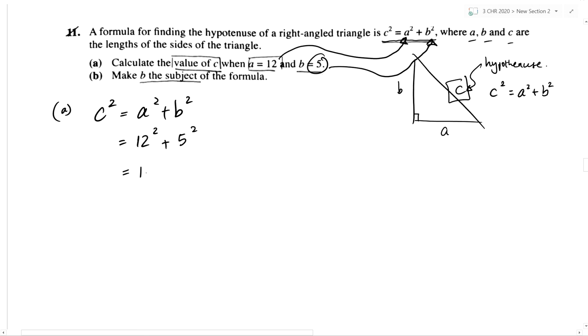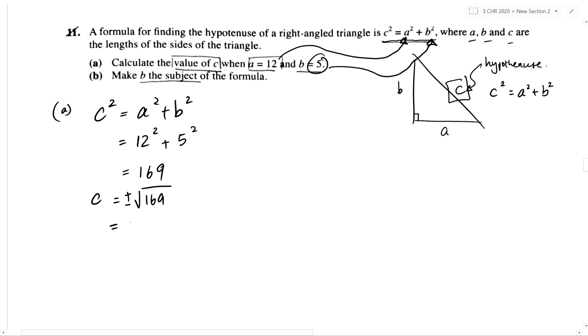This gives me 169. Based on this, c is going to be equal to plus minus square root of 169. Take note that there is a plus minus, because when I square a negative number, I will get a positive value also.